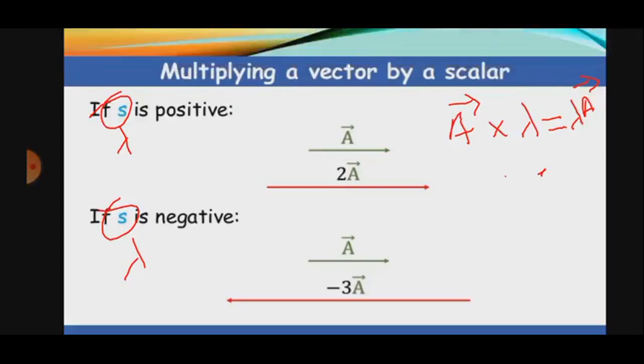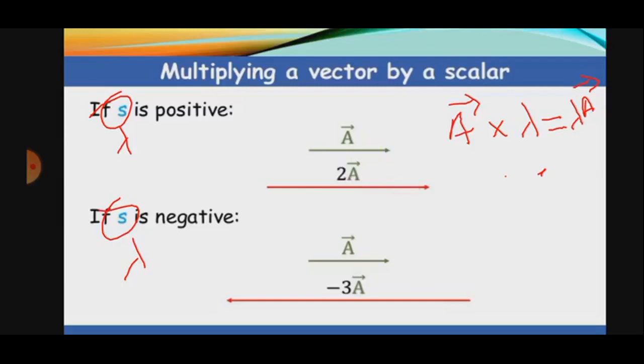In case the lambda value is positive, that is a positive number, then lambda a vector is also in the direction of a vector. Now see, this is the vector, this is the resultant vector 2a. 2 means magnitude, that is a scalar quantity, times a vector. So both are in the same direction, a vector and 2a vector.